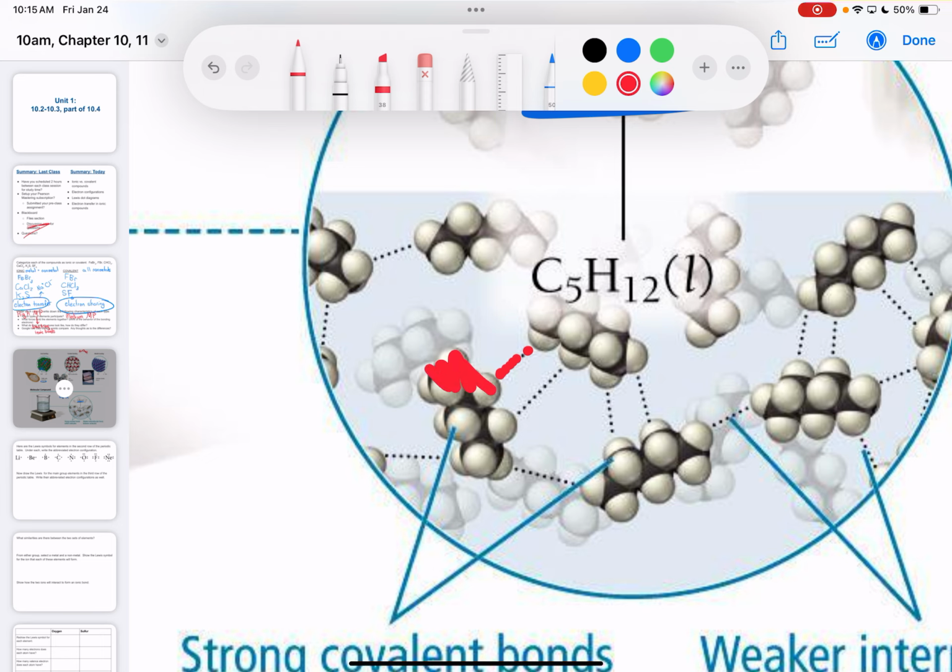The covalent bonds are in here, holding the carbon and hydrogen together. But when we melt those compounds, we're breaking apart these interactions between the molecules, not the bonds within the molecule. And that's why we see them having significantly lower melting and boiling points.